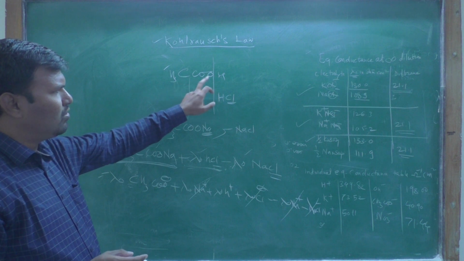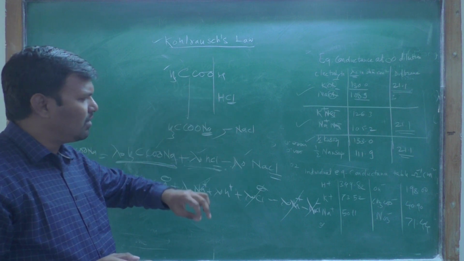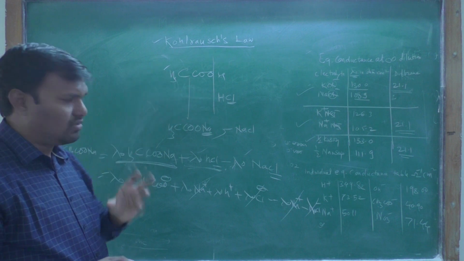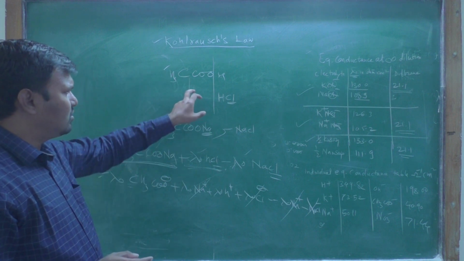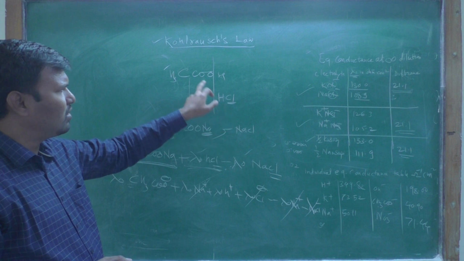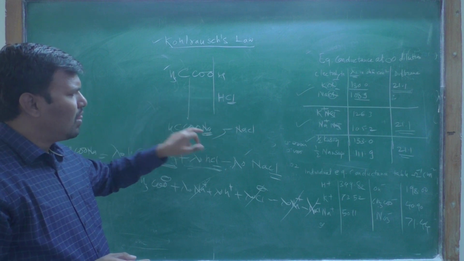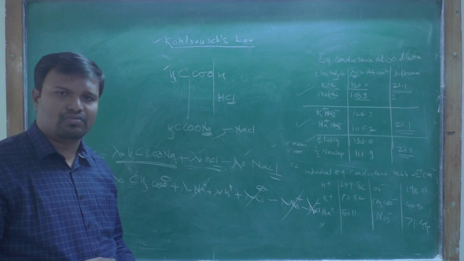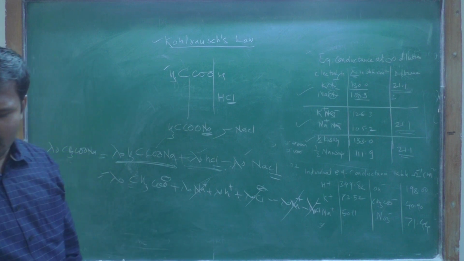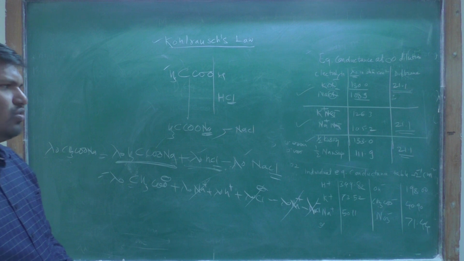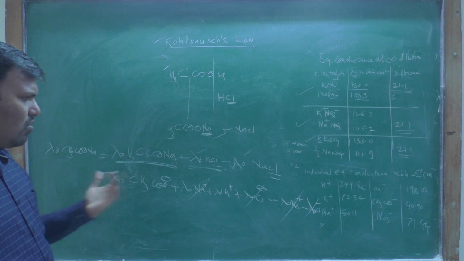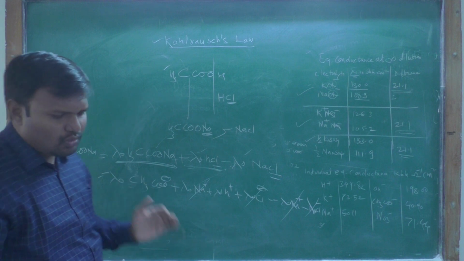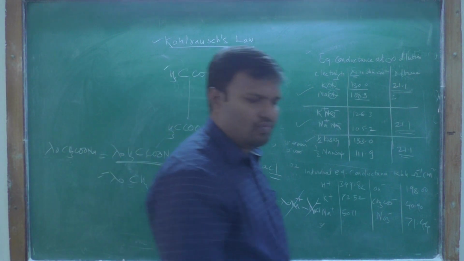We took HCl and CH3COONa, and by subtracting NaCl you obtain the CH3COOH value. By subtracting and adding you can obtain the lambda 0 value. This is all about Kohlrausch's law. Thank you very much.